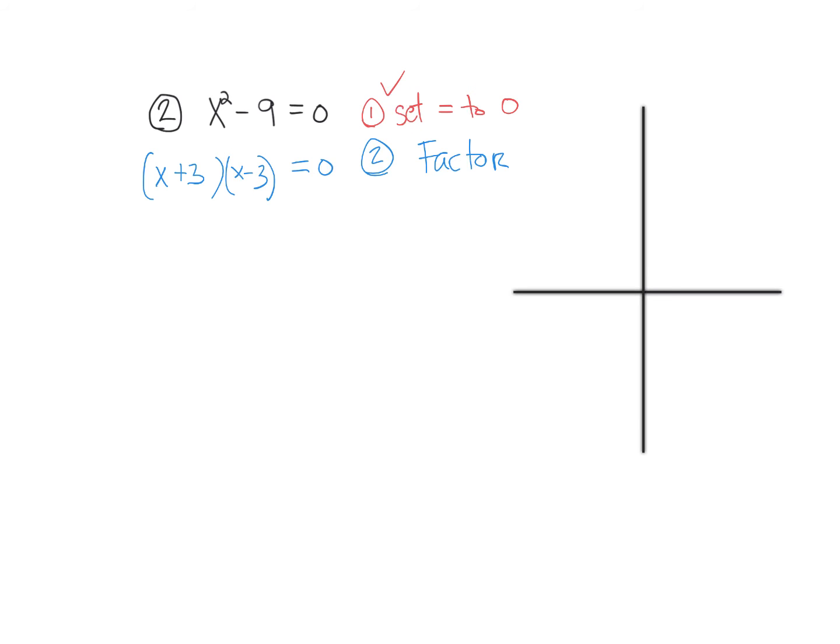All right, my next step is to use the zero product property. And it says that if we have this times this equal to 0, then either this and or this is equal to 0. And so we're going to have to take and say this equation equal to 0 and this equation equal to 0.